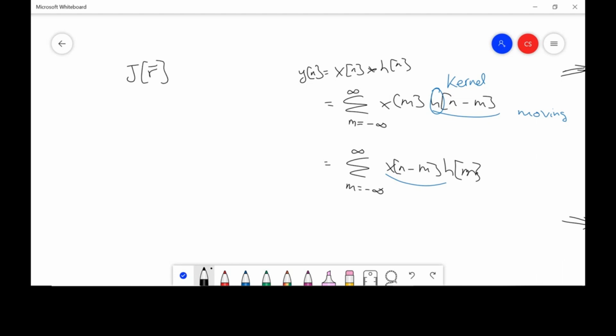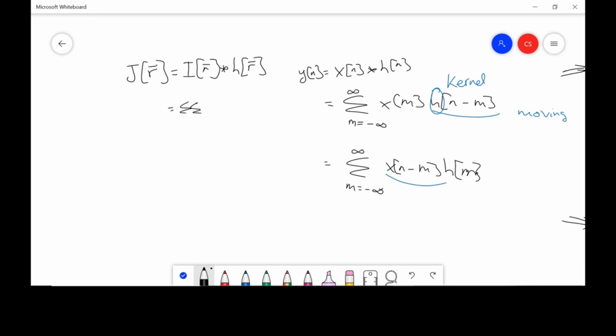J at a given position is the input image I at that location, convolved with the kernel. The kernel is also an image. It has a very similar definition to that one.